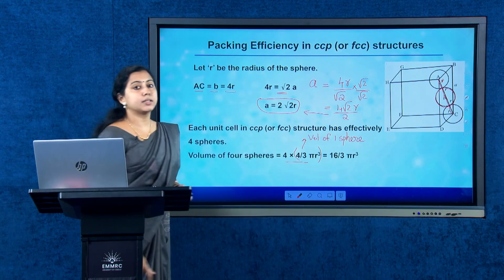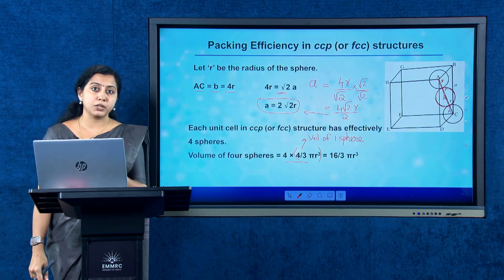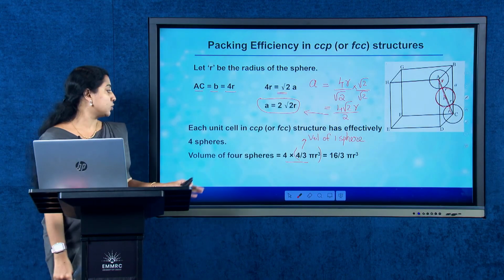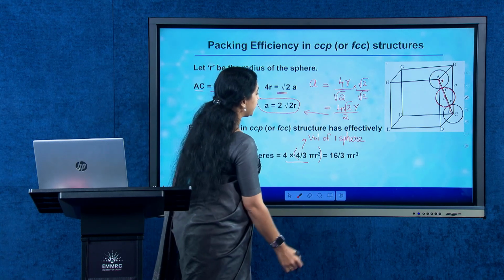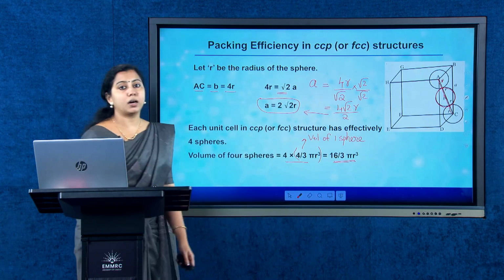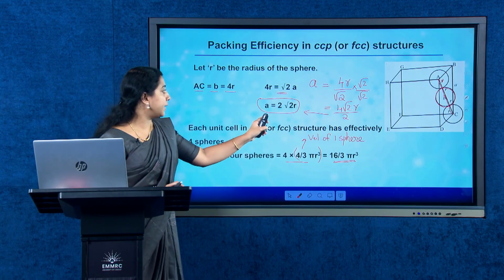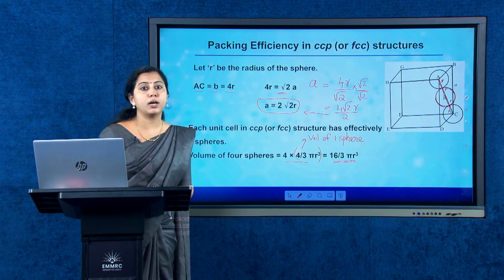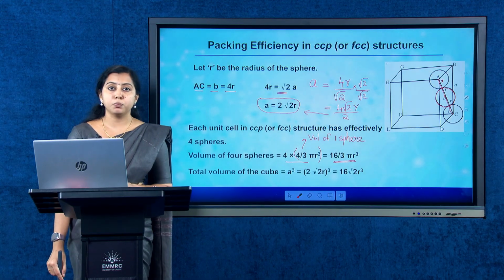Volume of one sphere is 4 by 3 pi r cube. We have 4 spheres per unit cell in an FCC lattice. So, volume of 4 spheres will be equal to 4 into 4 by 3 pi r cube, which is equal to 16 by 3 pi r cube. So, we got the edge length A equals 2 root 2 r, and the volume of the 4 spheres is 16 by 3 pi r cube.